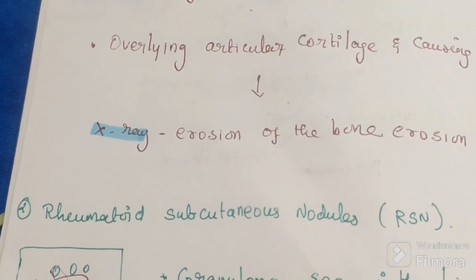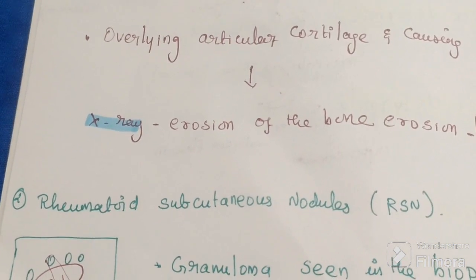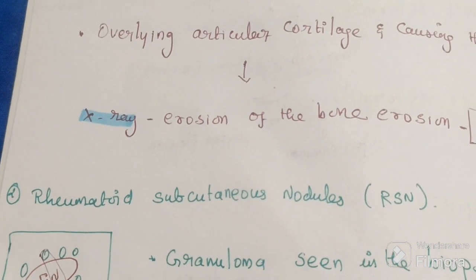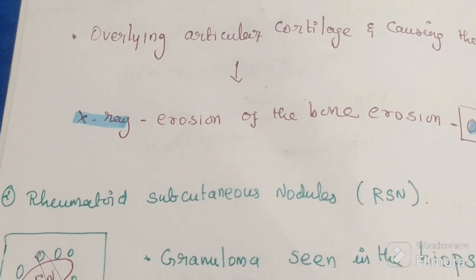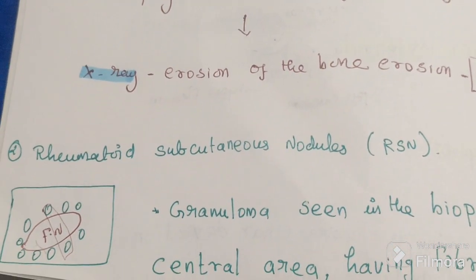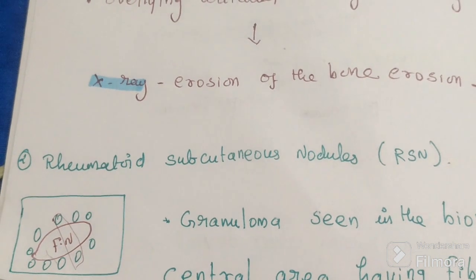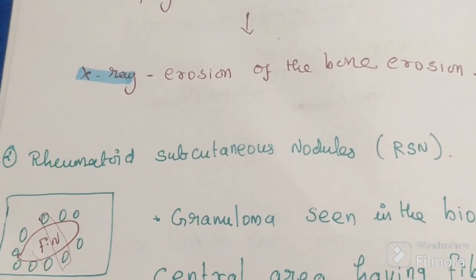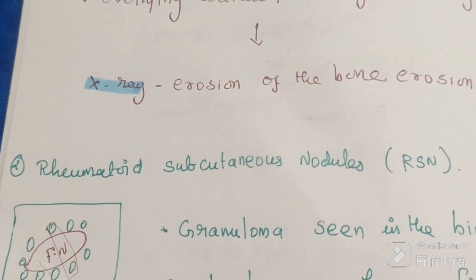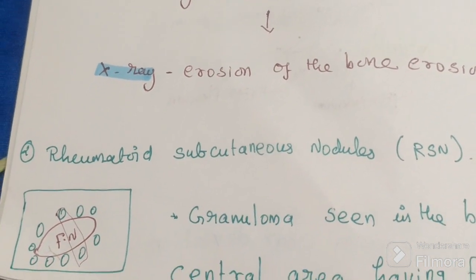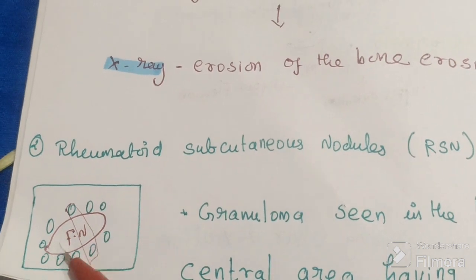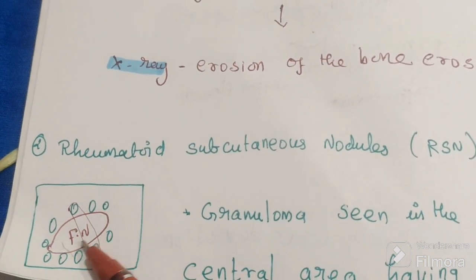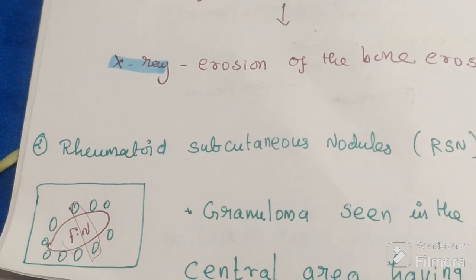Another important biopsy finding is the rheumatoid subcutaneous nodule. Here we find granuloma. In the biopsy, the center area has fibrinoid necrosis.